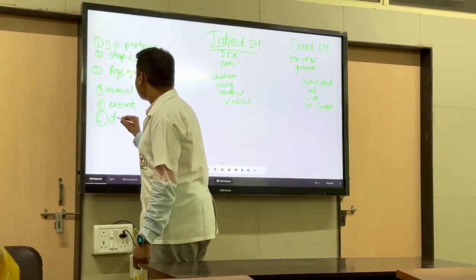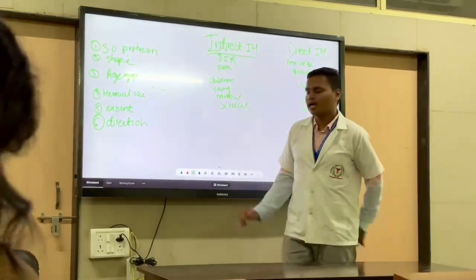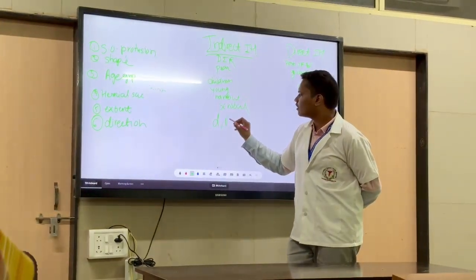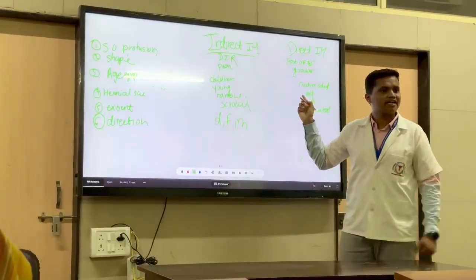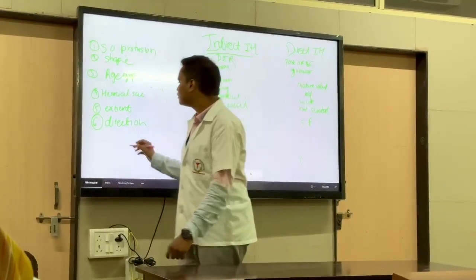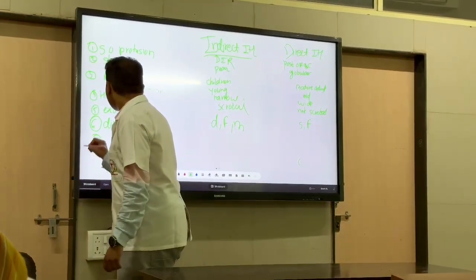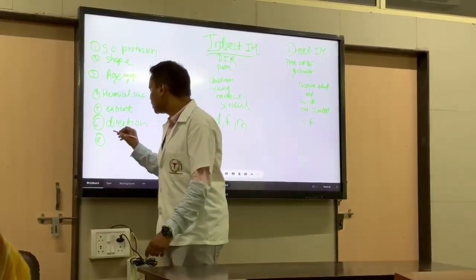Next point is direction. The indirect inguinal hernia is downward, forward and medial and is oblique in shape. But the direct inguinal hernia is just straight and forward. Now coming to the tests for hernia, coming to the reducibility.